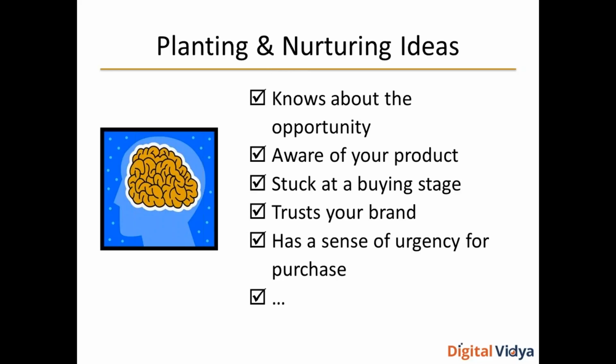So once you get that, you can plant and nurture your ideas. How? Somebody who knows about the opportunity, somebody who is aware of your product, somebody who's stuck at a buying stage, somebody who may not trust your brand. They like your product, they like everything, they don't trust your brand, right?